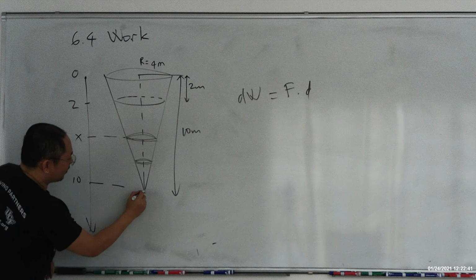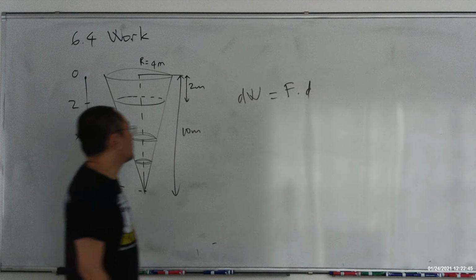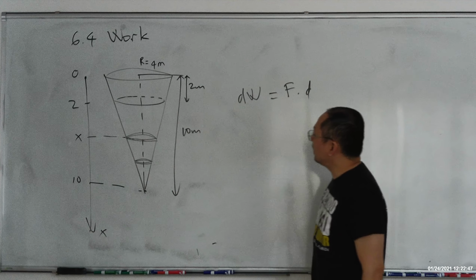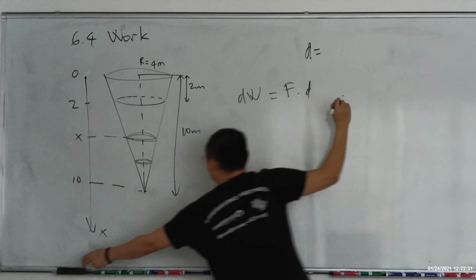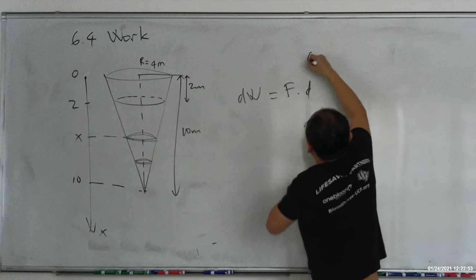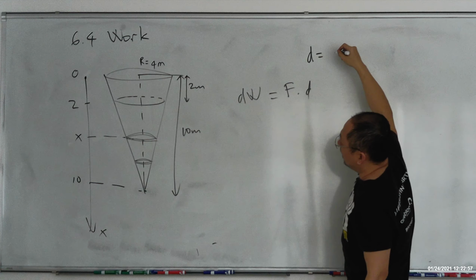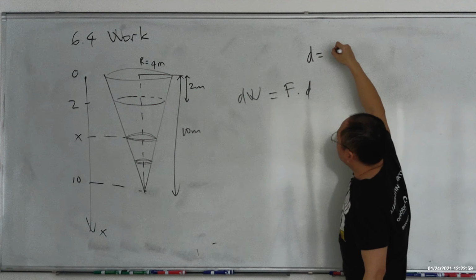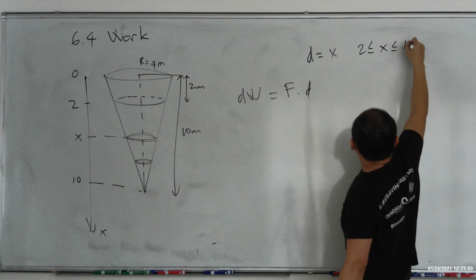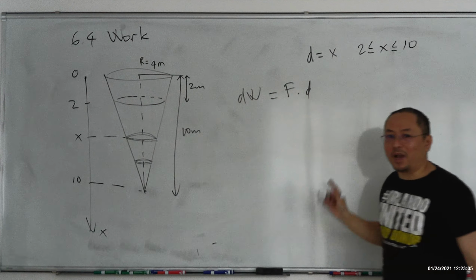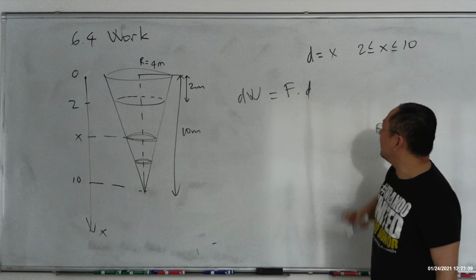The last slice, which is just one little dot right here, you have to move all the way up. So x changes from 2 to 10. And D here, the distance you move, is like the depth. So I know that my integral is going to be from 2 to 10. All right, so D is that much.